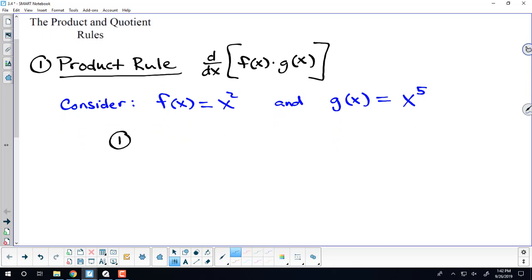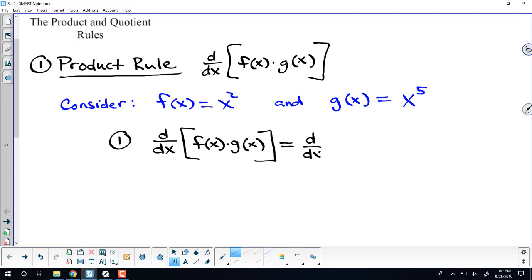So I guess the main question here is, how do we take the derivative of the product f times g? Would you find the derivative of them singly and then multiply? Yeah, so we can say that the derivative of their product, just write this out, that's the derivative of f times g.